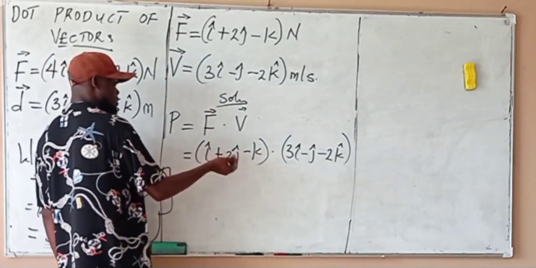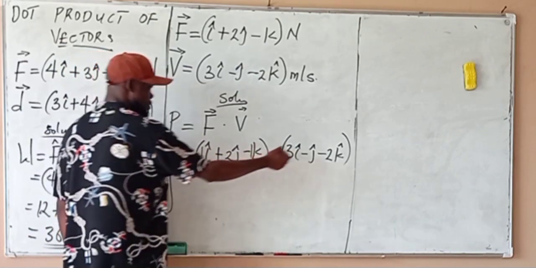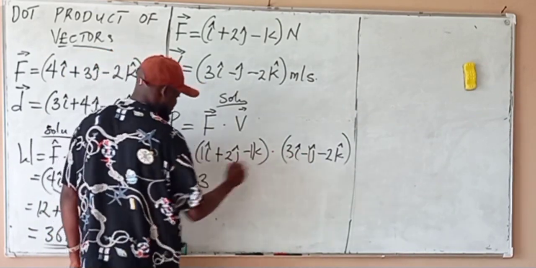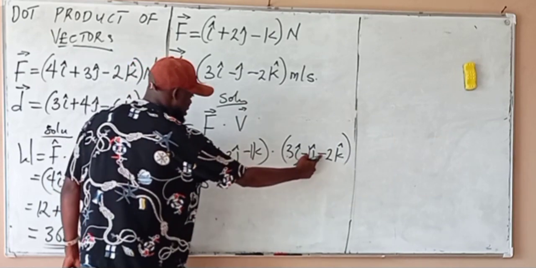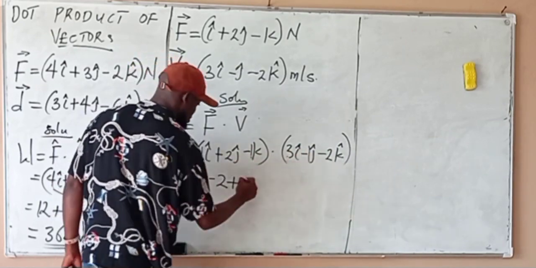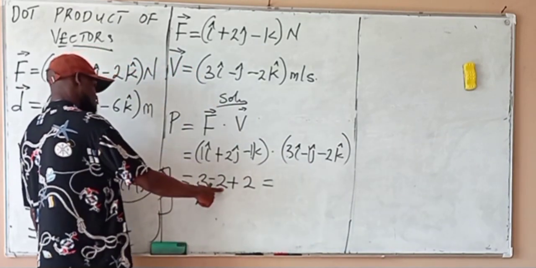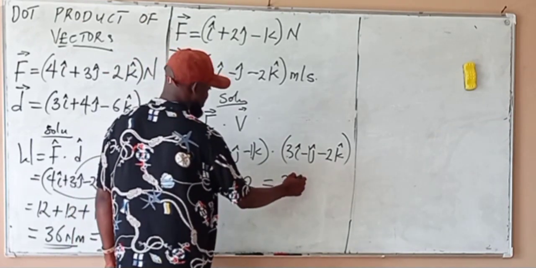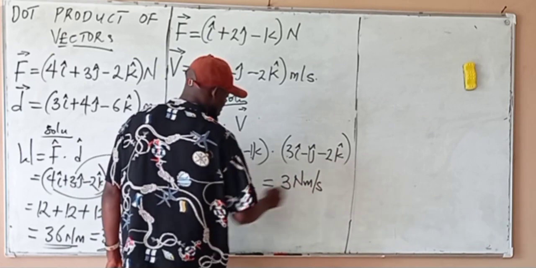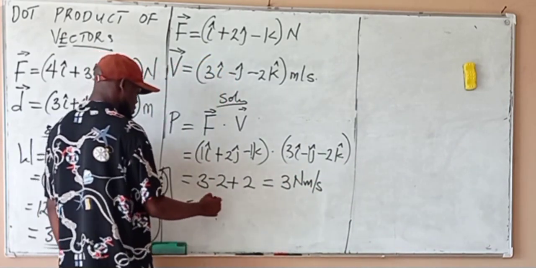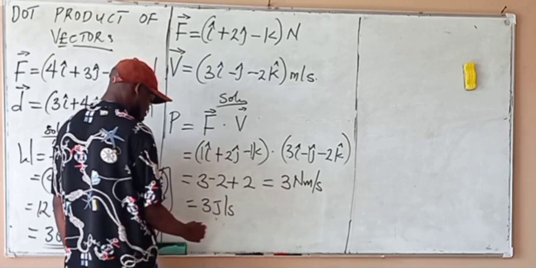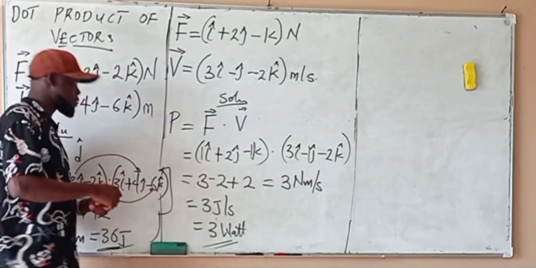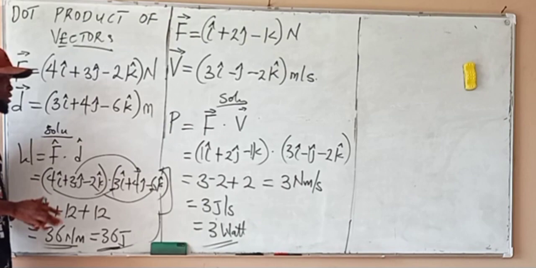So 1 times 3 is 3, plus 2 times minus 1 is minus 2, so 3 minus 2 is 1, plus minus 1 times 2 is minus 2, so 1 minus 2, giving minus 1.